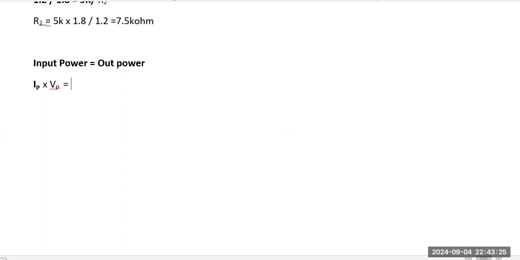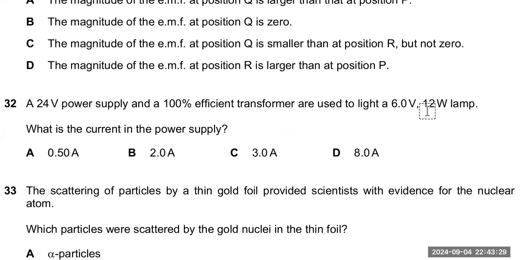Now this is equal to output power. Look at the question: the lamp that is working is a 12-watt lamp. We did not require 6 volt in this situation. This 6 volt can disturb the students.